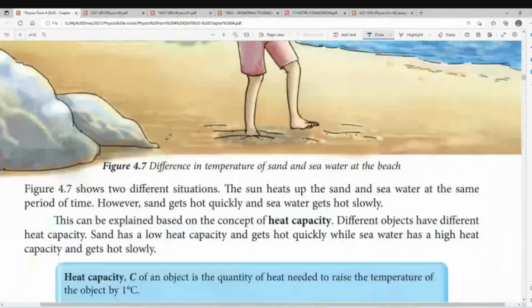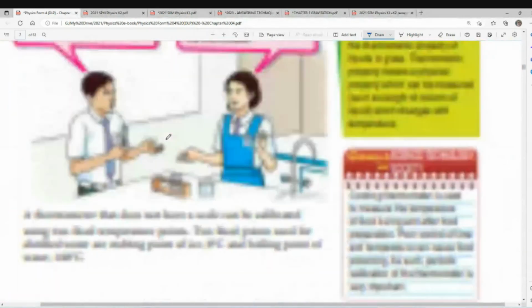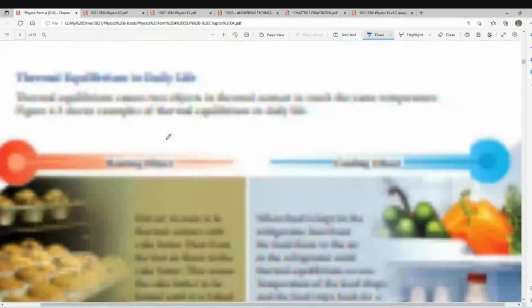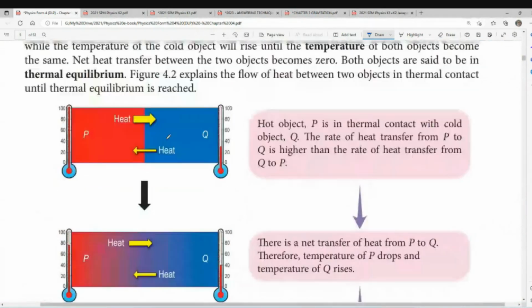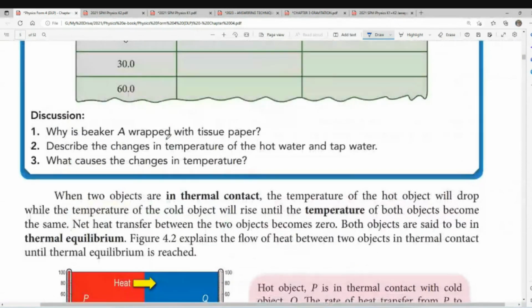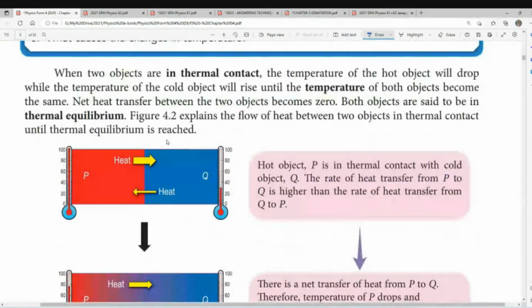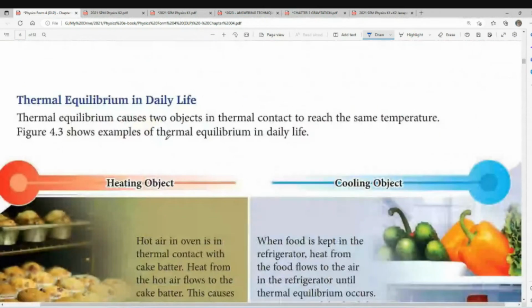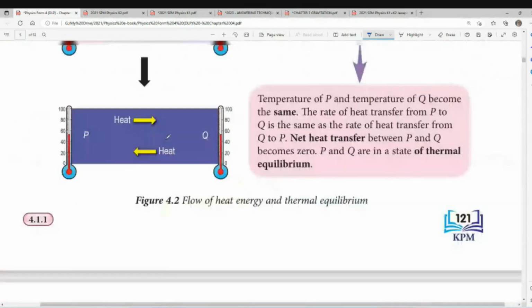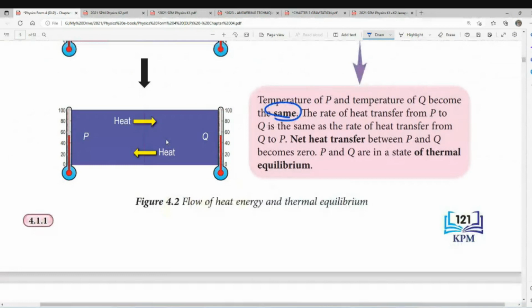Okay. So for 4.1, other than the calibration of thermometer, later I will give you one example to try. You need to understand what is meant by thermal equilibrium. There are three statements to understand about thermal equilibrium. First, the temperature must be the same between the two bodies in thermal contact.